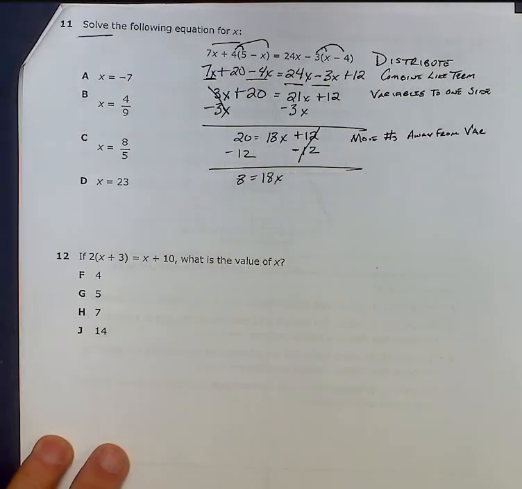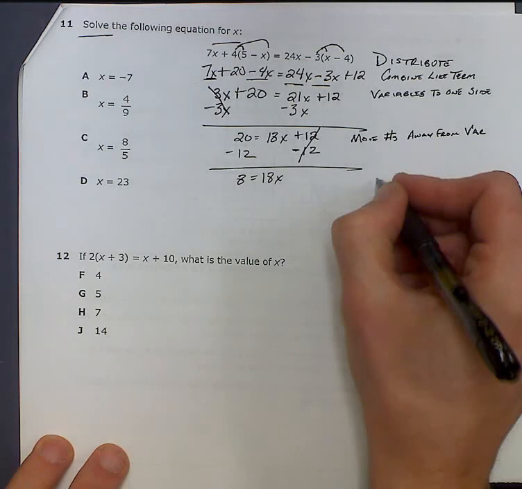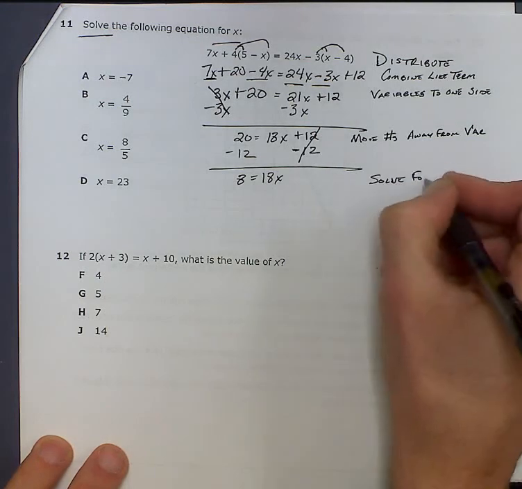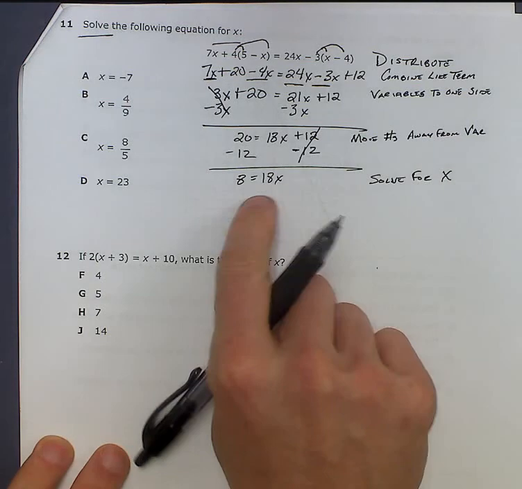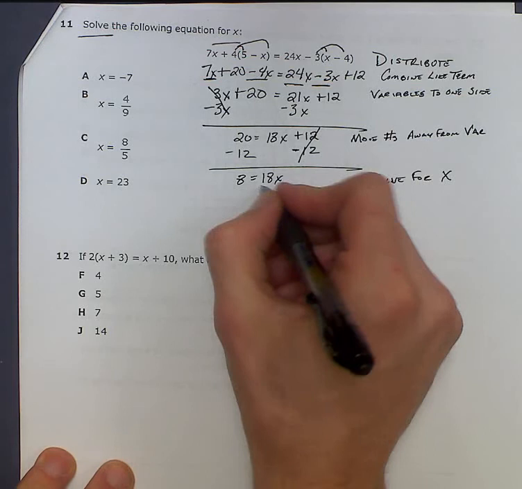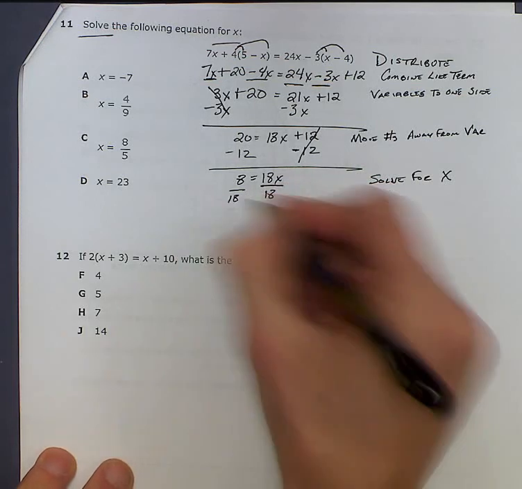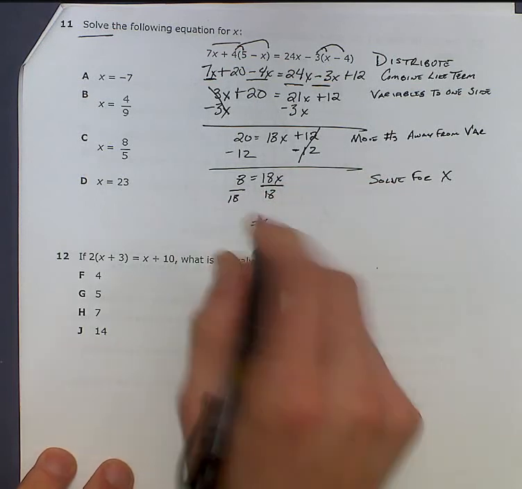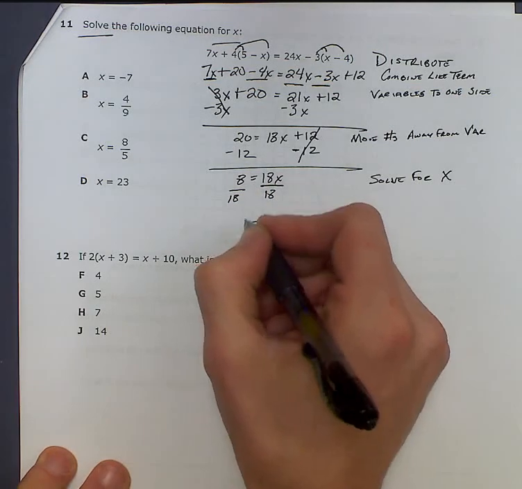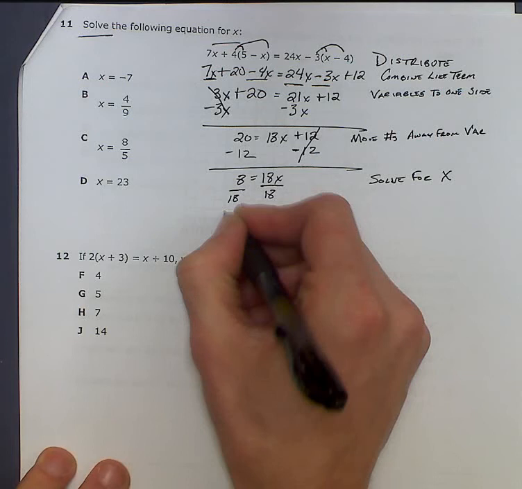So I just bring it on down, and then I solve for x by doing the opposite operation. Well, the operation that's going on with this 18 and the x is multiplication. So I'm going to divide. And I will end up with x here, and then 8 divided by 18 reduces to 4/9. So x is worth 4/9.